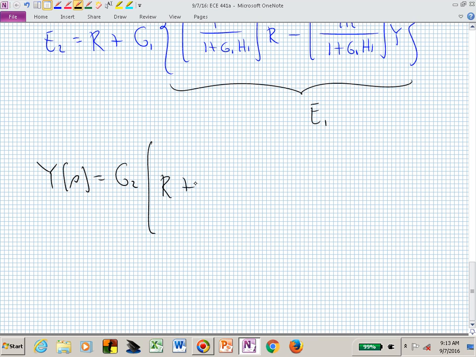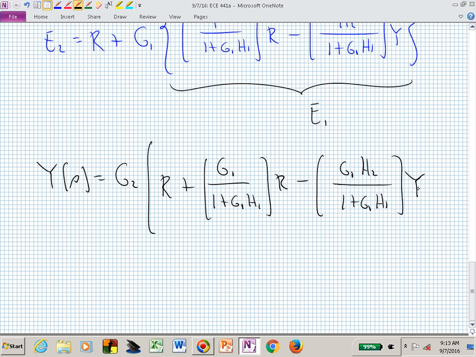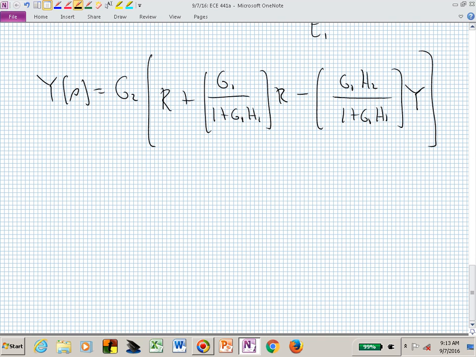That's R plus G1 over 1 plus G1H1 times R minus G1H2 over 1 plus G1H1 times Y. I'm getting closer to finishing because now I have one equation that only contains the input signal R and the output signal Y, but I need to really isolate those two pieces.